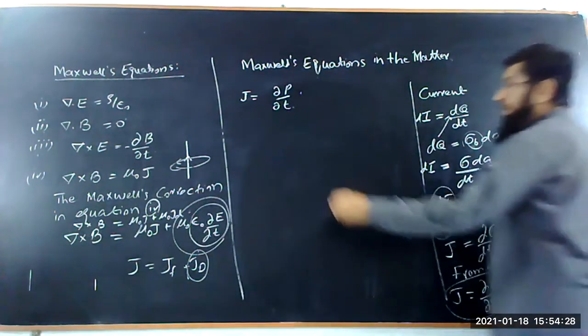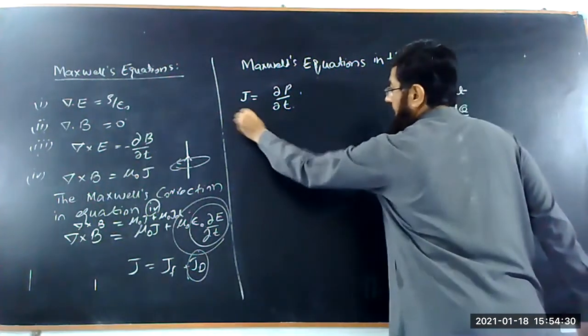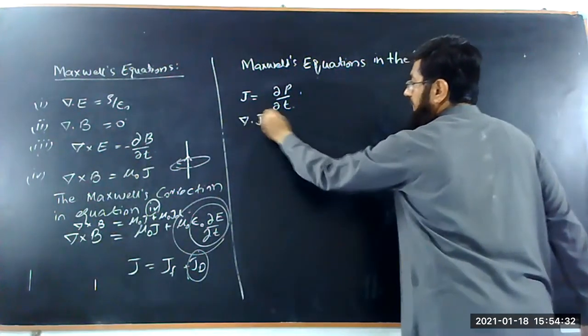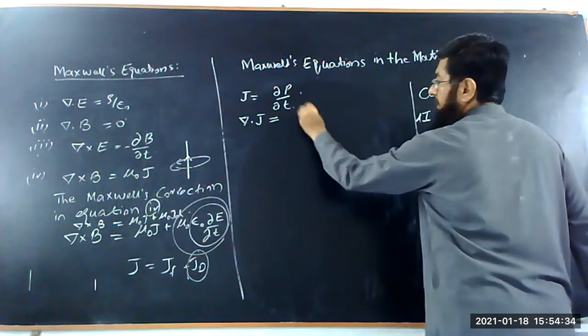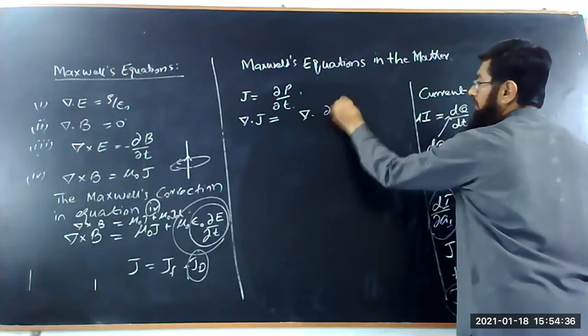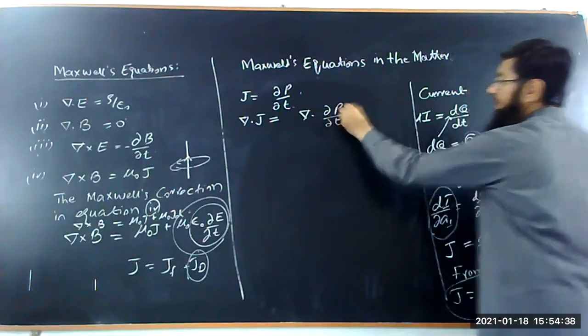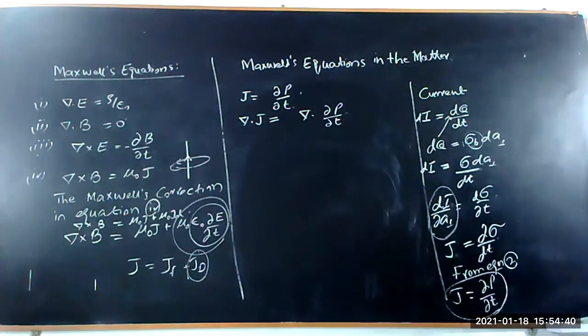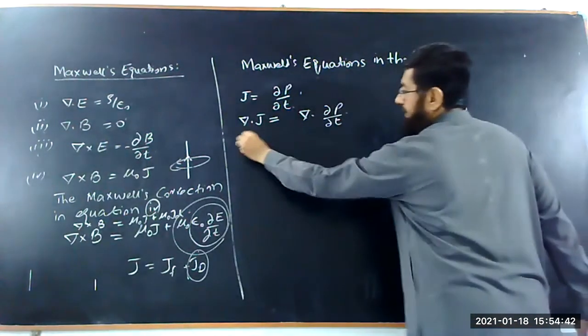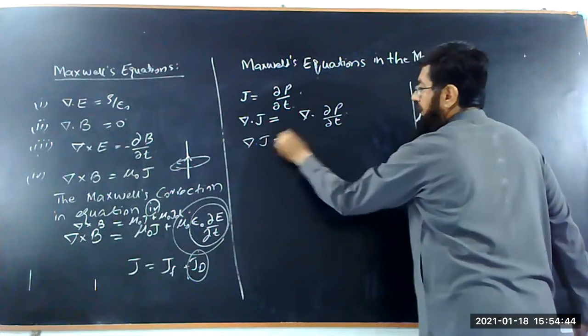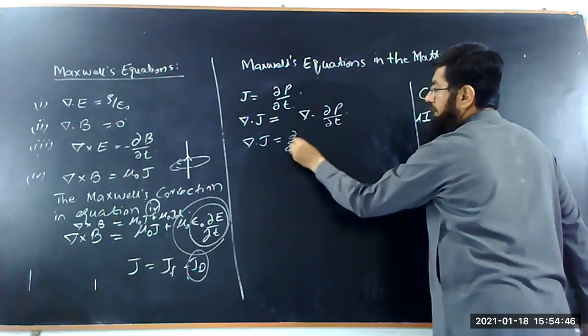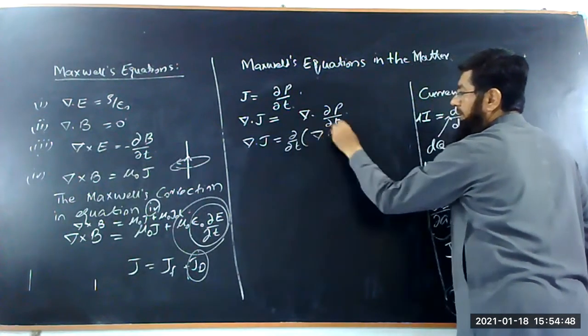If we take the divergence of this equation, the divergence of J is equal to the divergence of dP over dt. So this can be written as the divergence of J is equal to d over dt of the divergence of P.